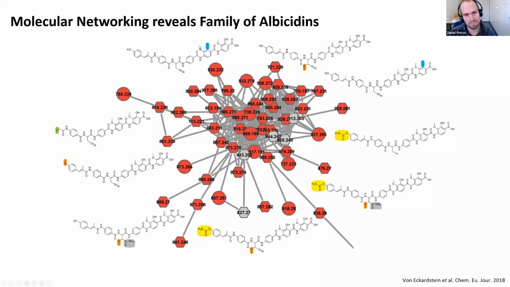So from my perspective, this is a really powerful analysis tool, and in addition to other bioinformatic concepts for mass spec data analysis, I think it is one of the key elements in our data analysis in the lab.